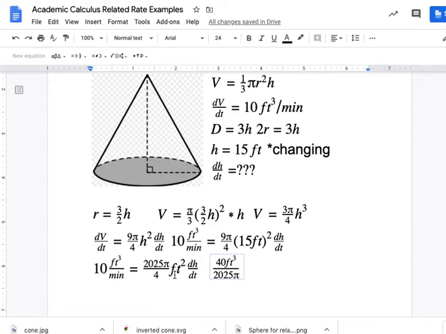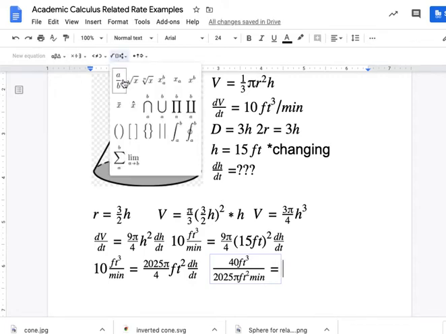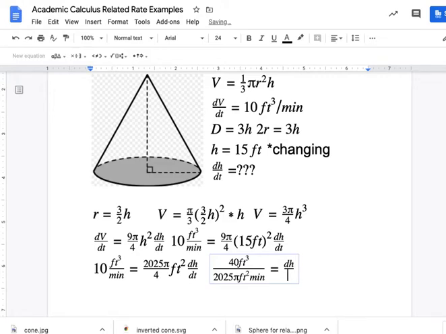So in this denominator here, we're going to have feet squared, and we've got minutes down there. Why that's important is because we want to make sure that our units work out. That's going to be equal to dH over dt. So when we divided the feet squared over to the other side, we now have feet cubed divided by feet squared. Our units cancel just like variable exponents would.